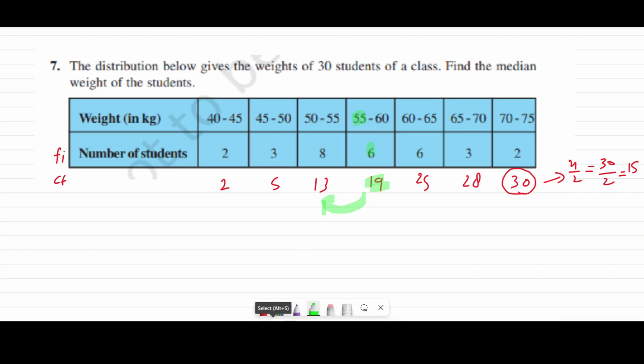Now we have everything, and we have the class length. Then how can I calculate this value? For the median we will use the formula: L plus (n by 2 minus CF) by F, into H. Okay.